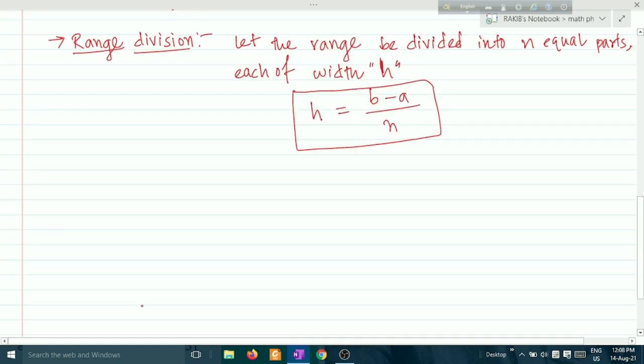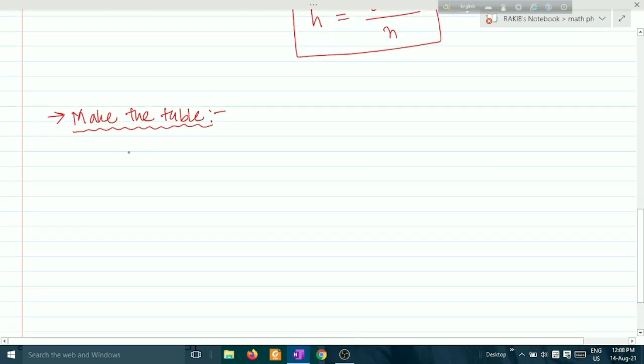Now the second step is to make the table. How to make the table? You write x terms here, and their corresponding f(x) terms on this side.